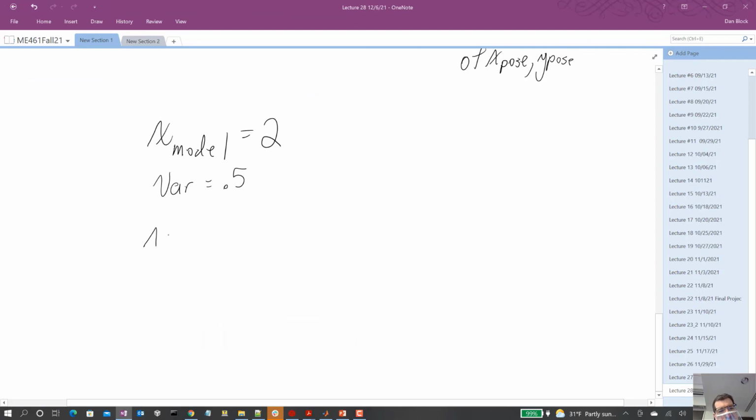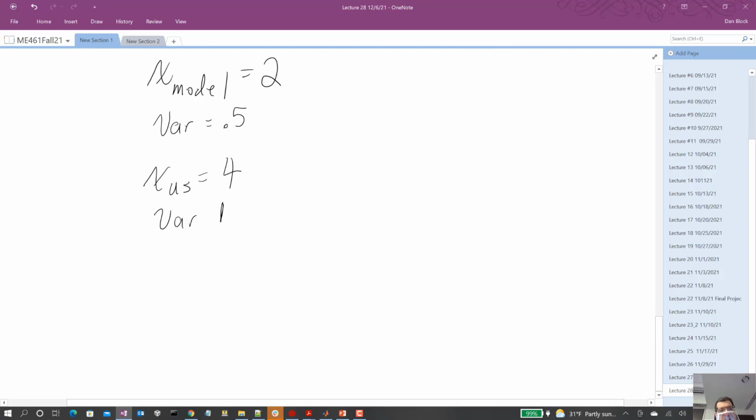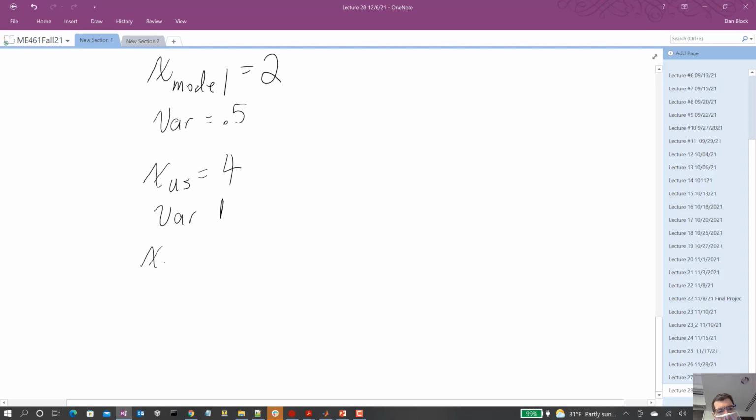But the X from the ultrasonic sensor says that it's at 4 feet. That's a big difference, right? But anyway, 4 feet away from the wall, and it's got a variance of 1. Okay? And finally, we have an X from the LiDAR, or whatever other sensor I say.